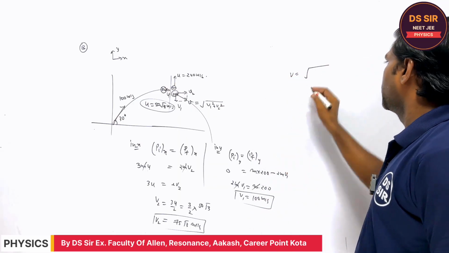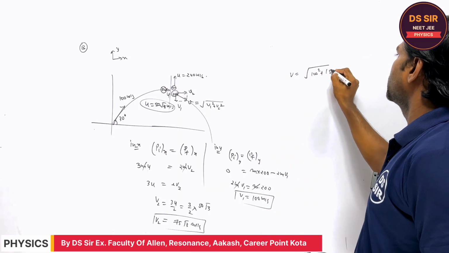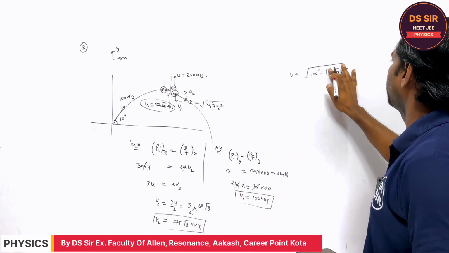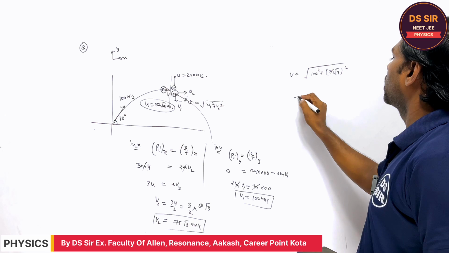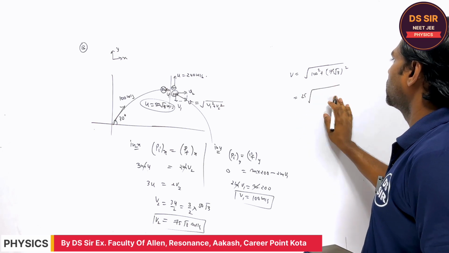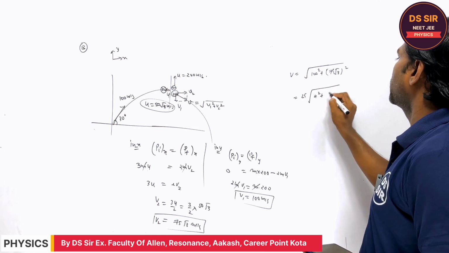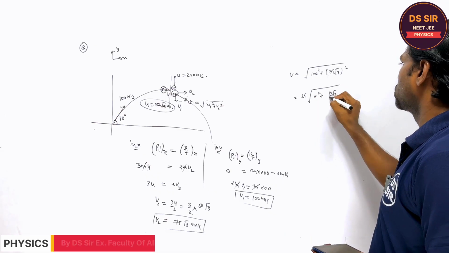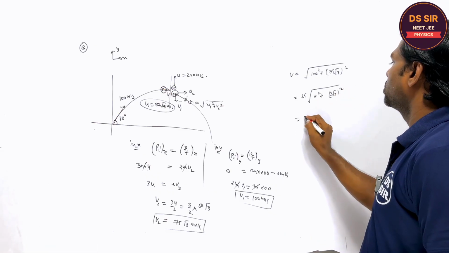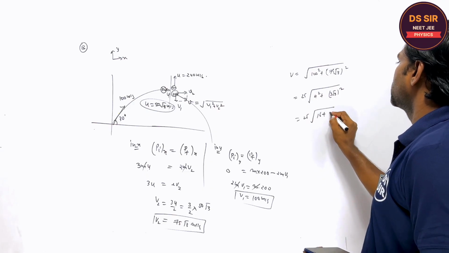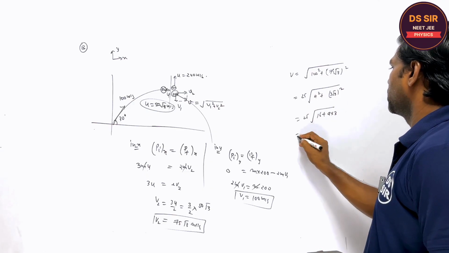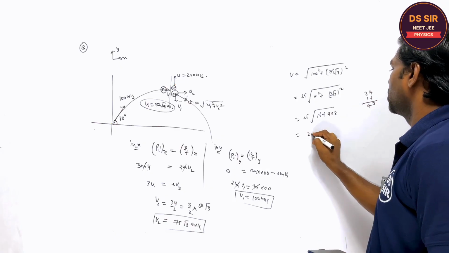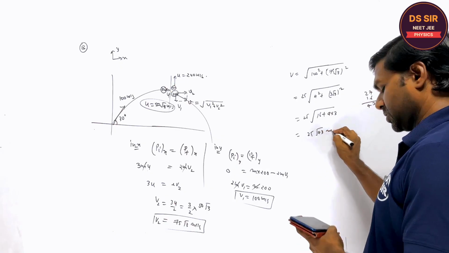Root over 100 square plus 50 root 3 whole square. Sorry, 75 root 3 whole square. So 25 will come out. This is 4 square and this is 3 root 3 whole square, right? So it is 25 into 16 plus 9, root 43 meter per second.